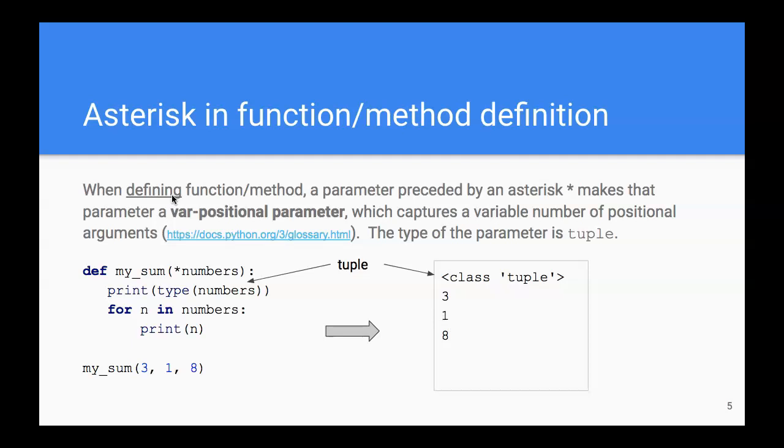So when we are defining a function or a method, and if we precede a parameter with an asterisk, that makes that particular parameter into what's called a var-positional parameter. And what that means is it captures a variable number of positional arguments.